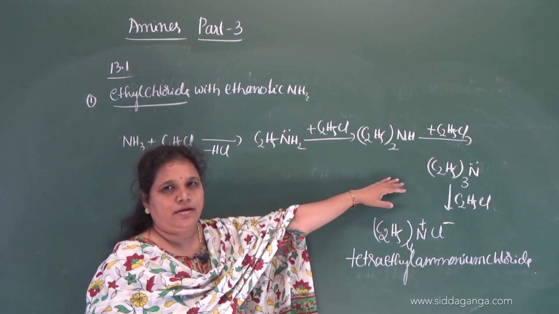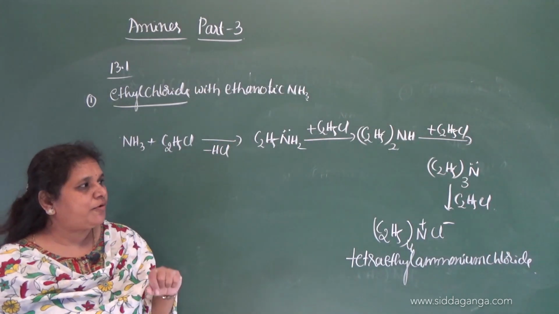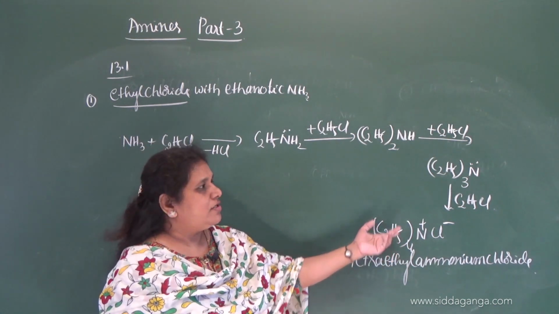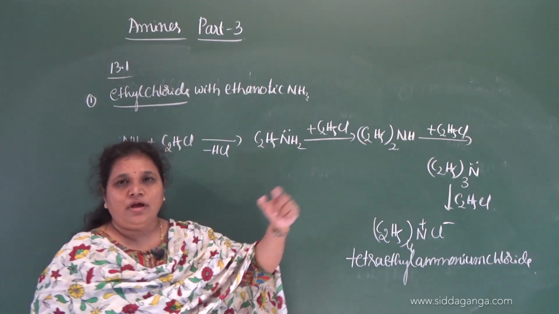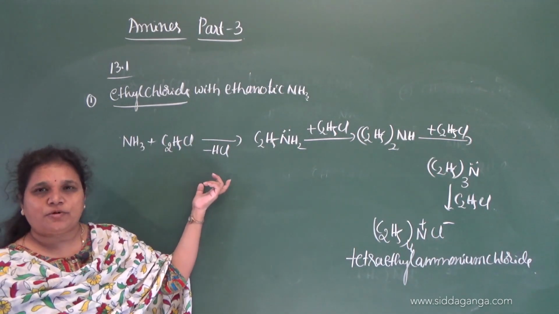Secondary amine, correct? So the compound is a secondary amine. If a compound utilizes 3 moles of alkyl halide, this is a tertiary amine. So for the conversion of alkyl halide to tertiary amine, it consumes 3 moles.